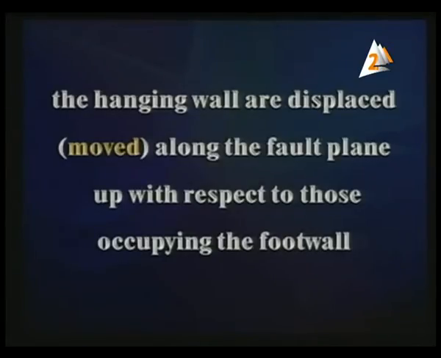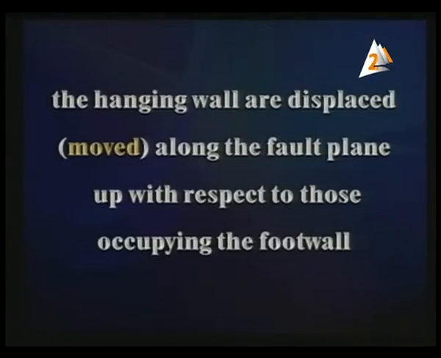It's very obvious, moving the hanging wall up with respect to the foot wall block led to a decrease of the earth's crust. This results from compression. When we get compression, the mass will decrease in its size. The shape of rocks will decrease in size because of compression.